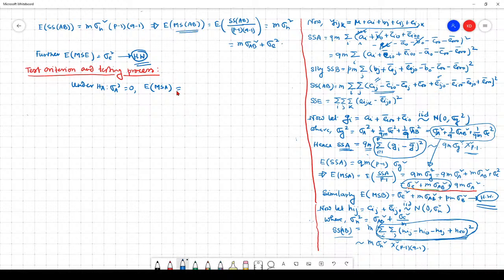Okay, so expectation of MSA equal to expectation of MSAB when HA is true.